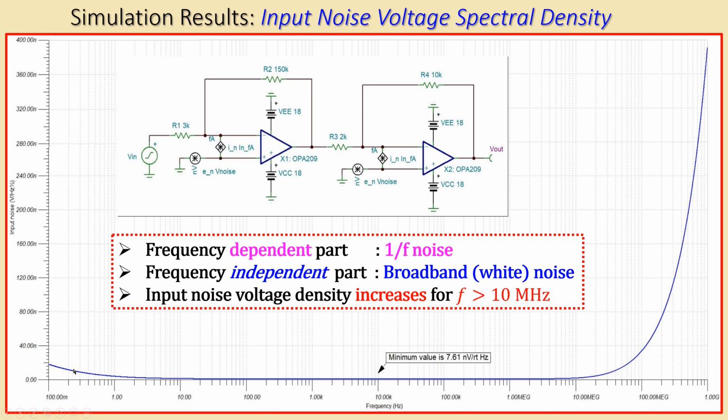This part is not really visible, but the first part is the frequency dependent part, which is the 1 over F noise part. You have the frequency independent part, which is this large region. And we also have a region which increases as a function of the frequency. That happens after 10 megahertz. So the input noise voltage spectral density will increase for these frequencies and larger.